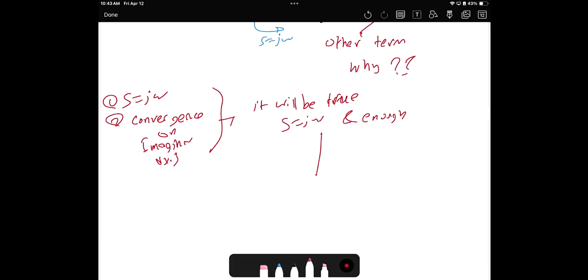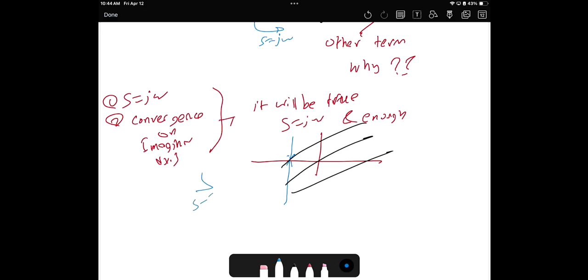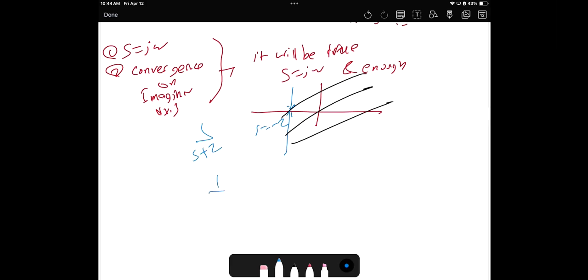Recall when we wrote the poles. If the highest pole is located here, then the convergence is here. If we assume, for example, 1 over s plus 2, then s equal to negative 2, and the imaginary axis is already included. While the case of 1 over s, when you plot this, you will see the pole is located here at the origin, so the convergence will be here. What does this mean?